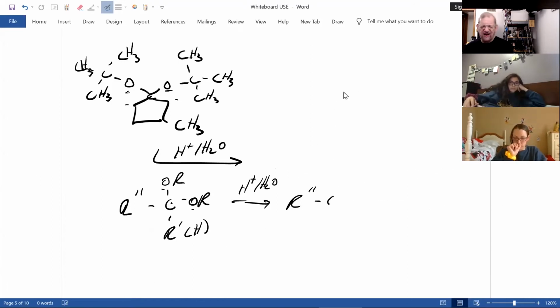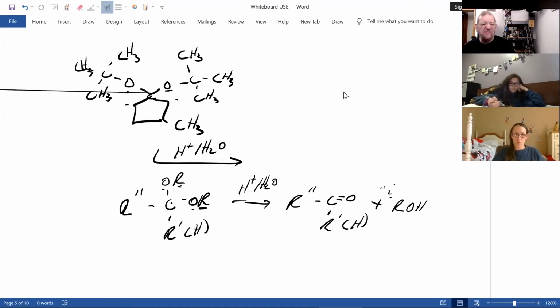What's attached to that carbon is still attached to it and becomes a ketone or aldehyde. Then the R's on the oxygen become an alcohol. Now for those who must, you could put a 2 there. I wouldn't if I were doing this for my colleagues.